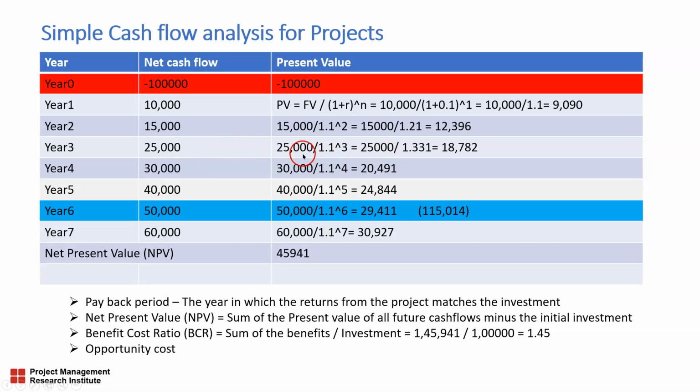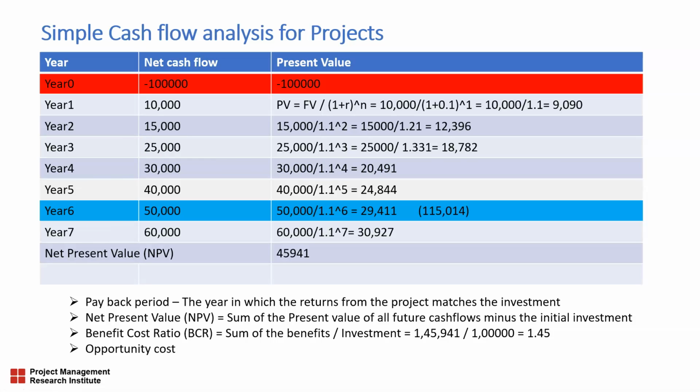The future value is 25,000 divided by 1.1 to the power of 3. That amounts to 18,782. In year 4, the net cash flow is 30,000. So the corresponding present value is 20,491.